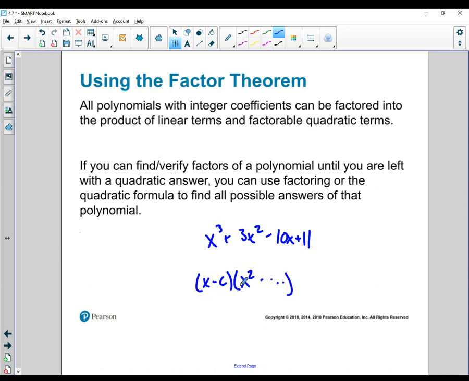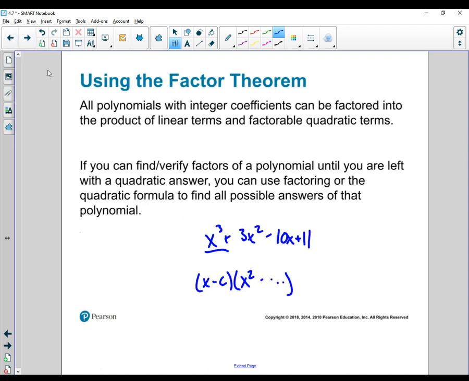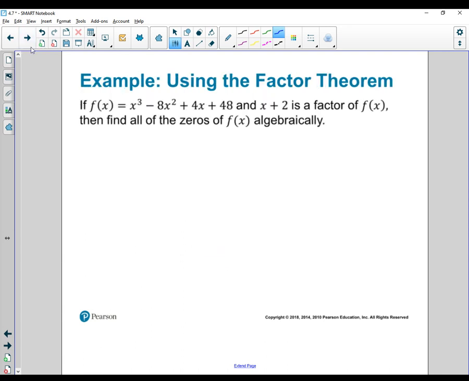Because you're going to need x times x squared to get x cubed. Like if it was x times x cubed, that would go x to the fourth if this was x to the fourth. And so this factor theorem, the remainder theorem, really helps us to determine if things are a factor or not.